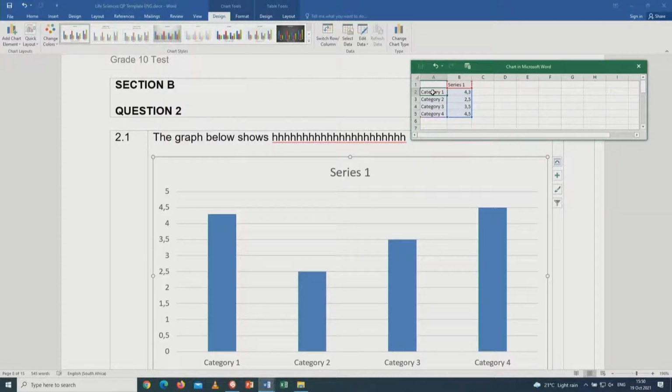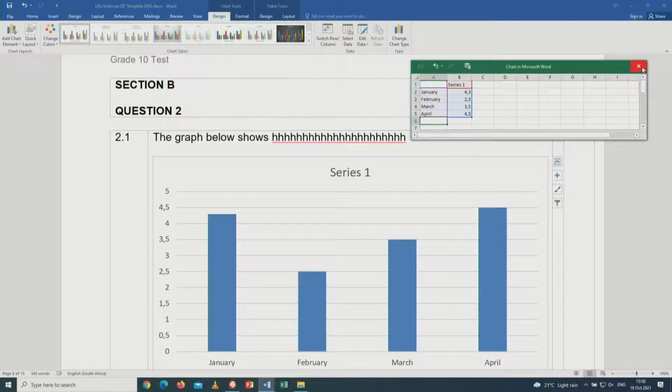Then I physically type January, and you can see it's happening. When I go to the next one, it's happening on my graph. January, that one is now February. Then the next one is March. And the last one is April. And when I'm done, they're already in my graph.